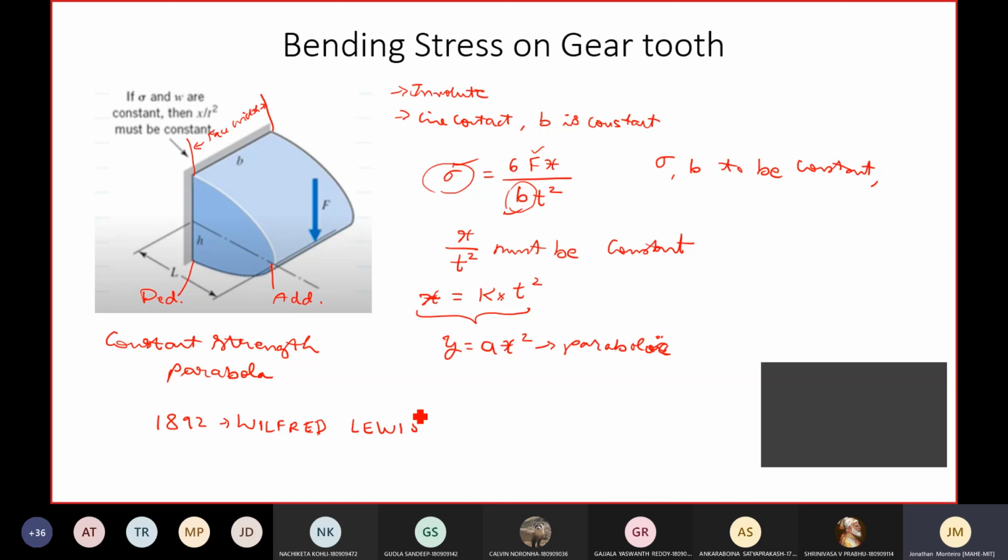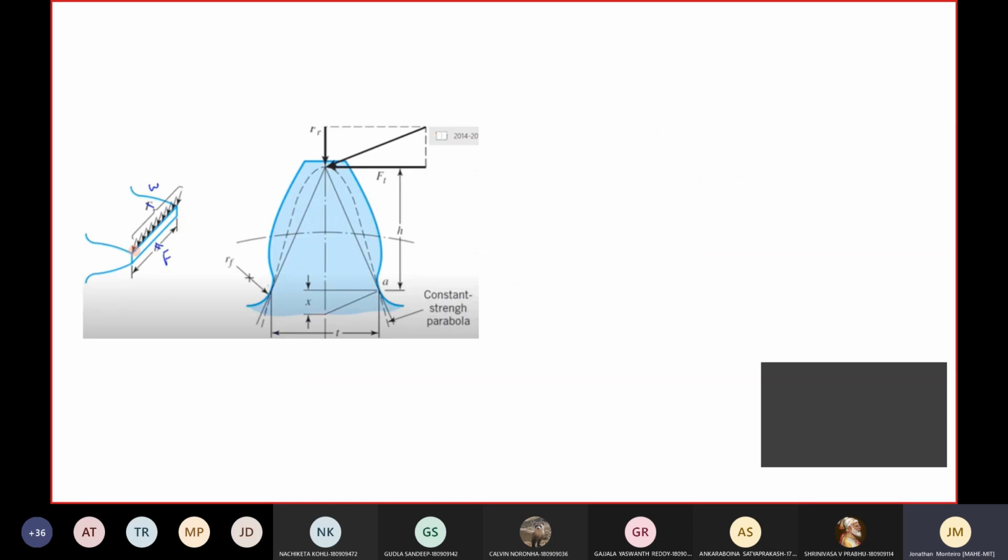You give some parameters, and any gear can be designed with teeth of equal strength that will not fail easily. The crude method would be trial and error, but he came up with equations, famously called the Lewis equation for the gear. Now, what are those components? We'll understand why this is very important to us.